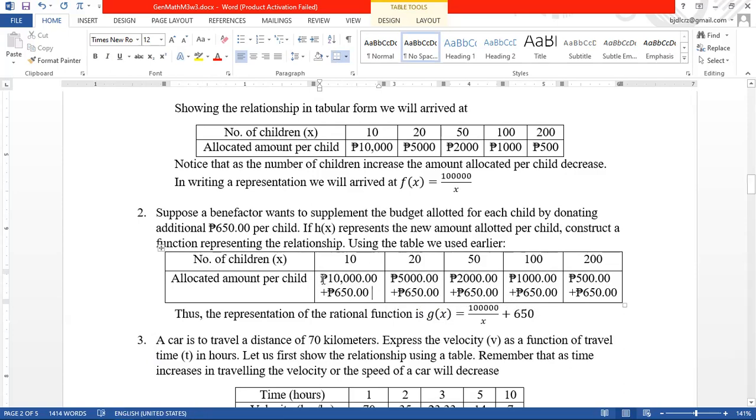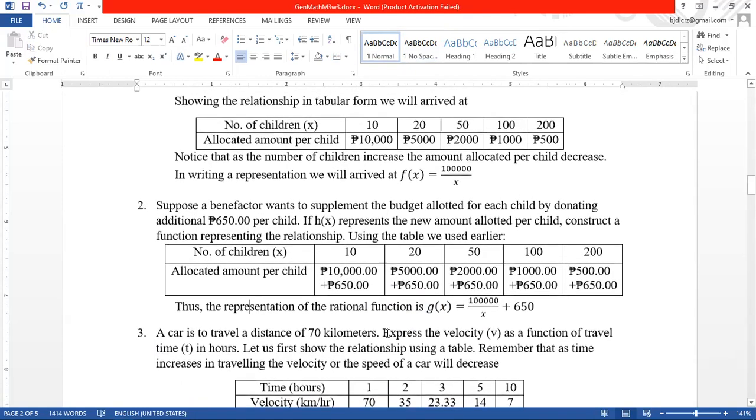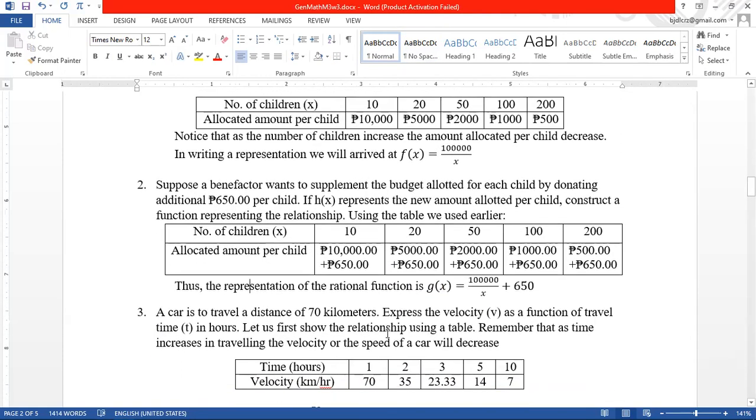So, 10,000 plus 650. So, mao na ang amount nga madawat sa isa ka child. So, for 20, 5,000 plus 650, and so on. So thus, the representation of the rational function is g of x is equal to 100,000 divided by x plus 650. So mao na ang iyang representation of the rational function.